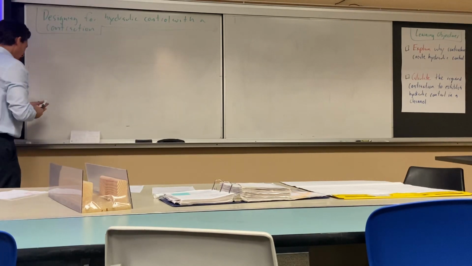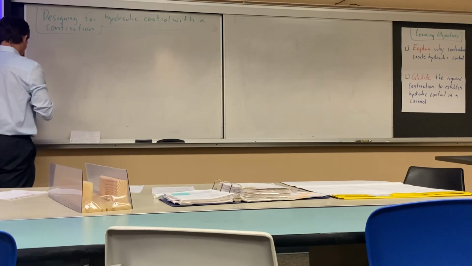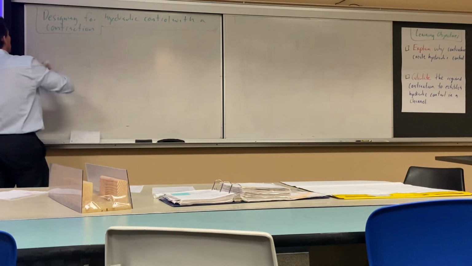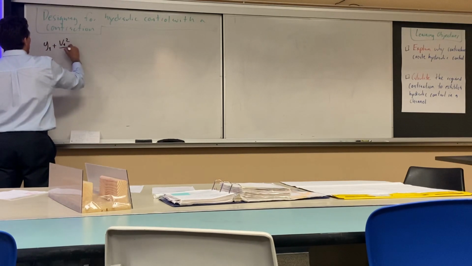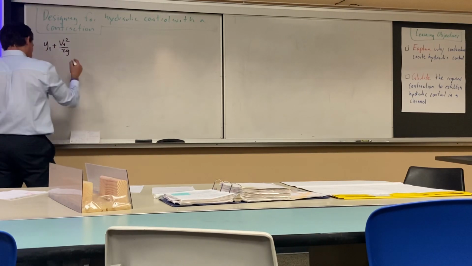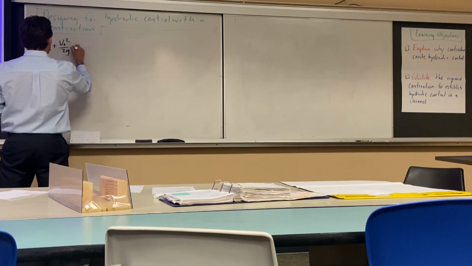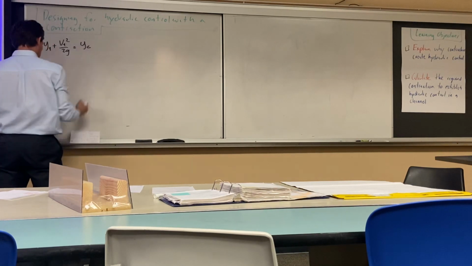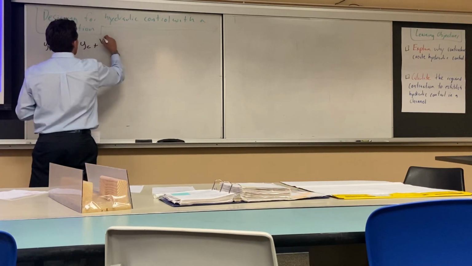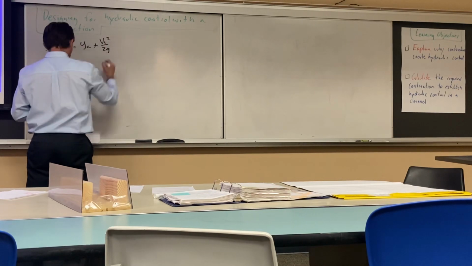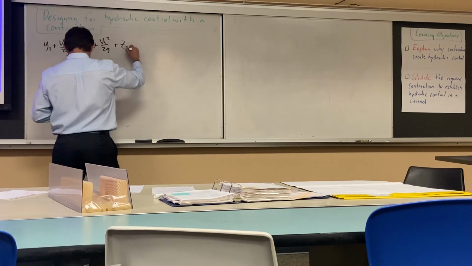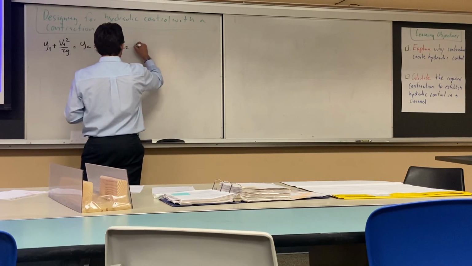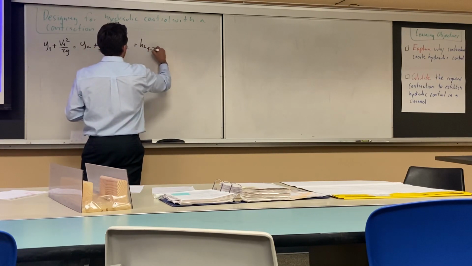Okay, so last time we had the following equation up on the board, which was our y1 plus v1 squared over 2g is equal to yc plus vc squared over 2g plus z2 plus our head loss from 1 to 2.